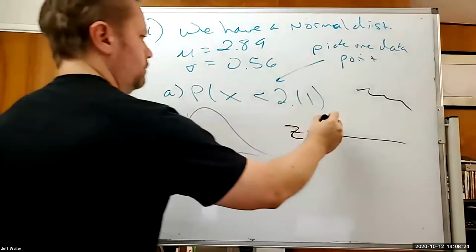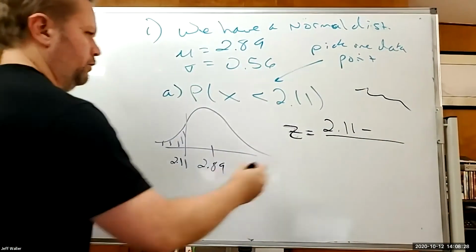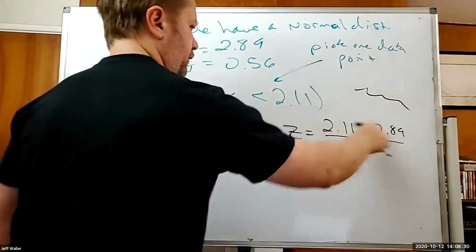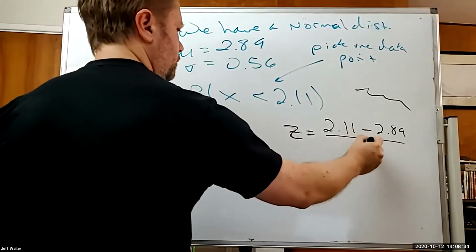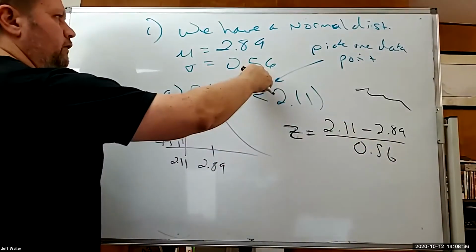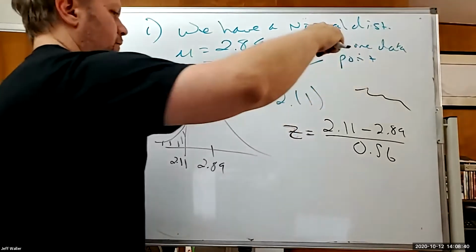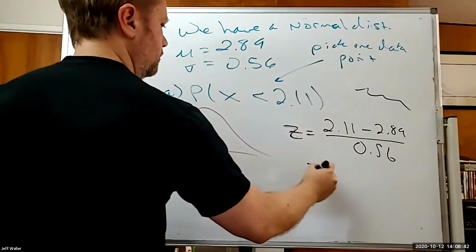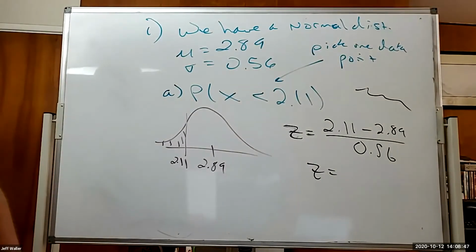My data point 2.11 minus the mean, 2.89. That tells me how far it is from the mean, and then I divide by 0.56, because that works for individual data points, and that's exactly what the question was about. Negative 1.39.